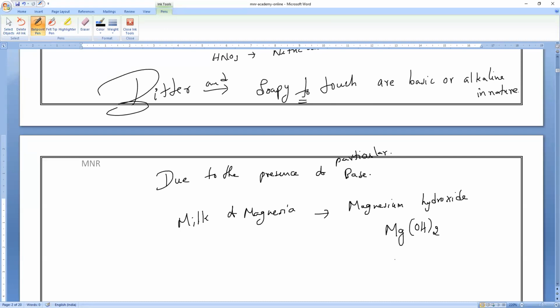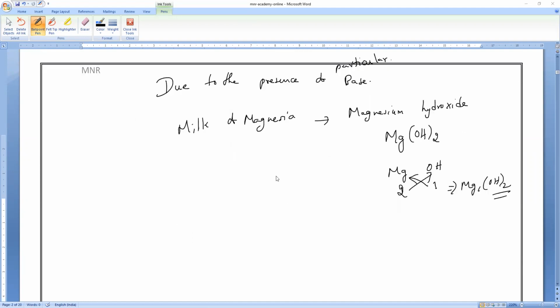Remember, Mg and OH. This is 1 and this is 2. If you do the crisscross method, you'll get Mg(OH)2, Mg once and OH twice. Is it okay? So milk of magnesia contains magnesium hydroxide.